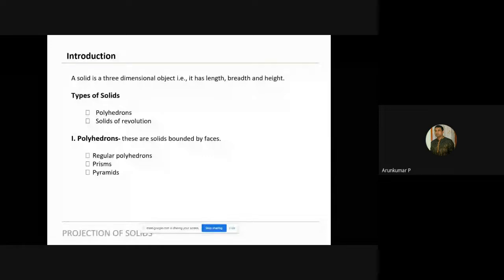That is what is given here: prisms, pyramids, and the regular polyhedrons. So there are a couple of them. The unit would be prisms and pyramids. A solid is a three-dimensional object which has some length, breadth, and height. So it has the basic three dimensions which give it a 3D shape or a 3D presence.